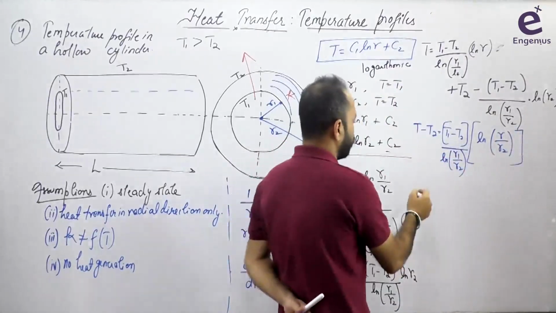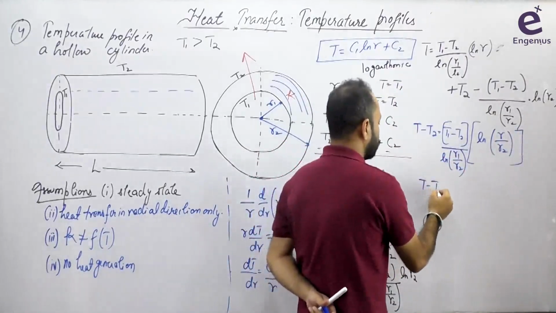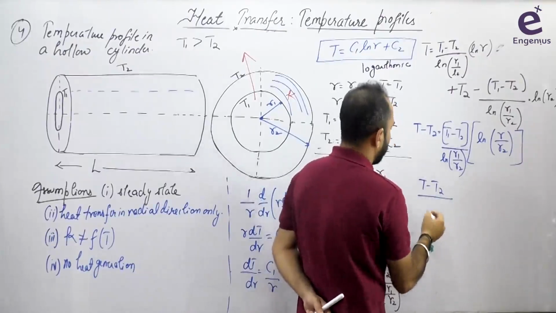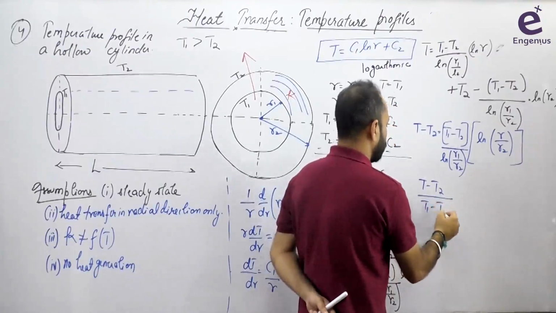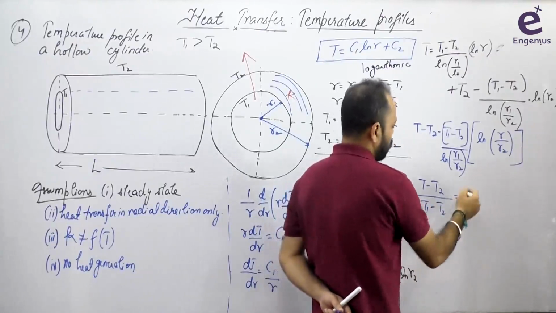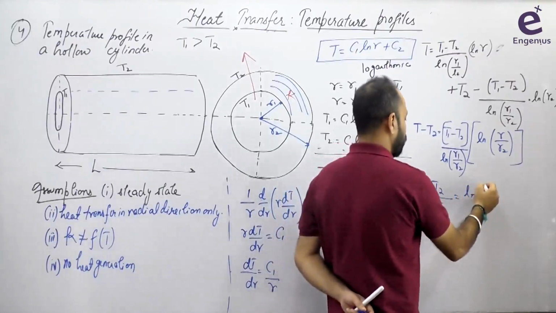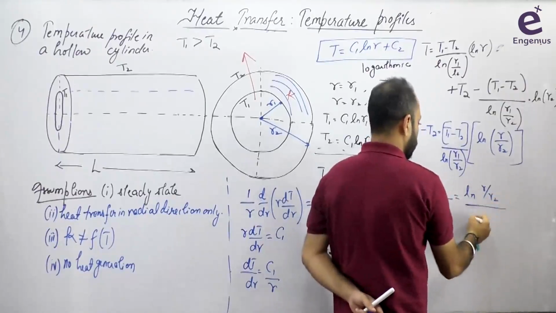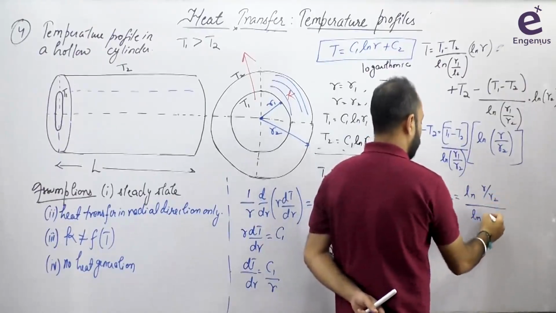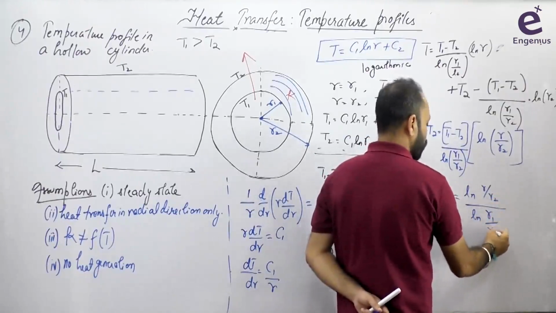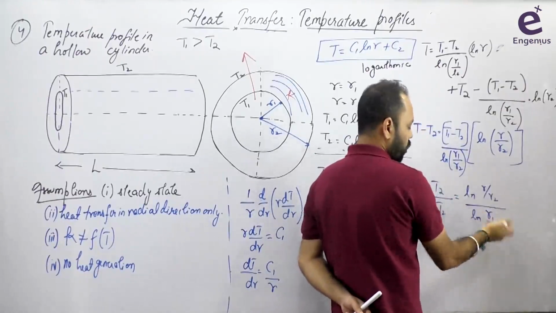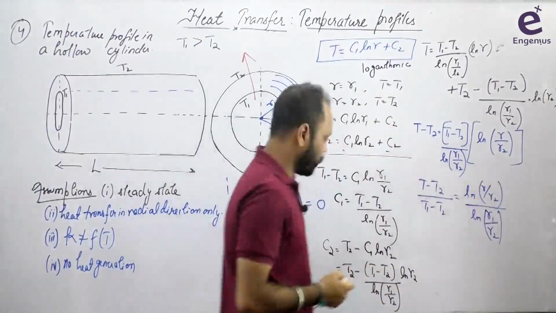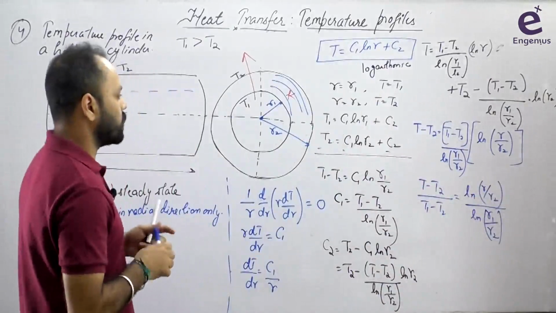So I should have this equation as T minus T2 by T1 minus T2 is equal to log of R by R2 divided by log of R1 by R2, या आप इन दोनों को चेंज भी कर सकते हैं, R2 बाई R, R2 बाई R1. एक बार चेक कर लेते हैं, डेरिवेशंस देख लेते हैं, है ना.